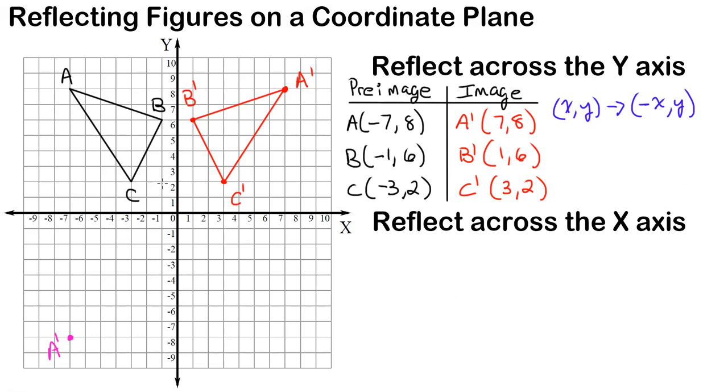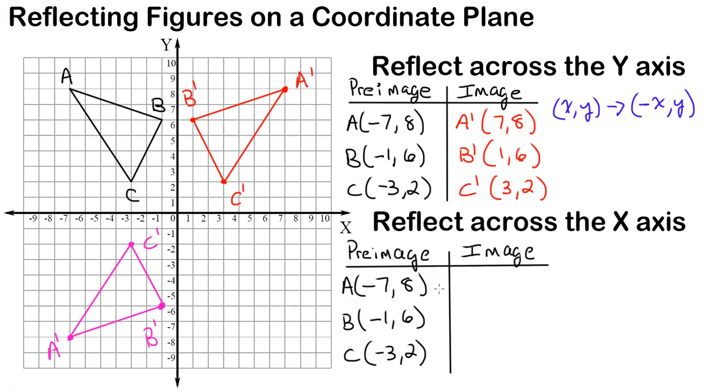And B is 6 units above the x-axis, so B prime is going to be 6 units below the x-axis. And C is 2 units above the x-axis, so C prime will be 2 units below. And we just connect the dots. And here is our reflection of triangle ABC across the x-axis.